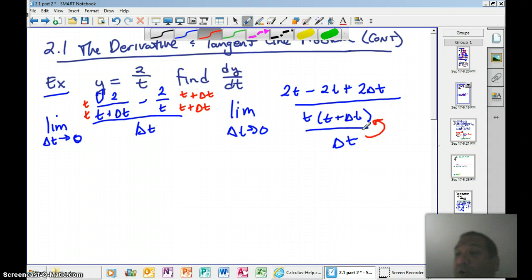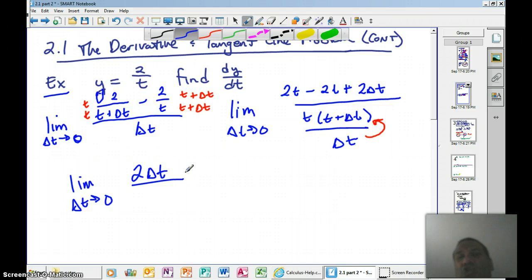So these two are going to join together, and you're going to get the limit as delta t approaches 0 of, up top, let's cancel like terms and just get 2 delta t over this monstrosity of delta t times t times t plus delta t.